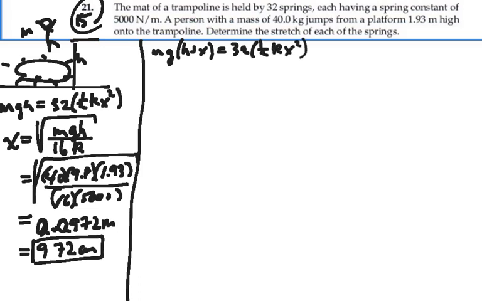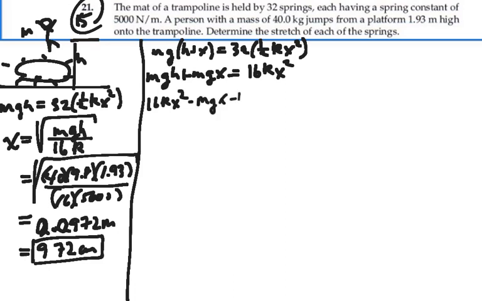So we need to solve this for x. So we have mgh plus mgx equals 16 kx squared. Or I could write this as 16 kx squared minus mgx minus mgh equals 0.